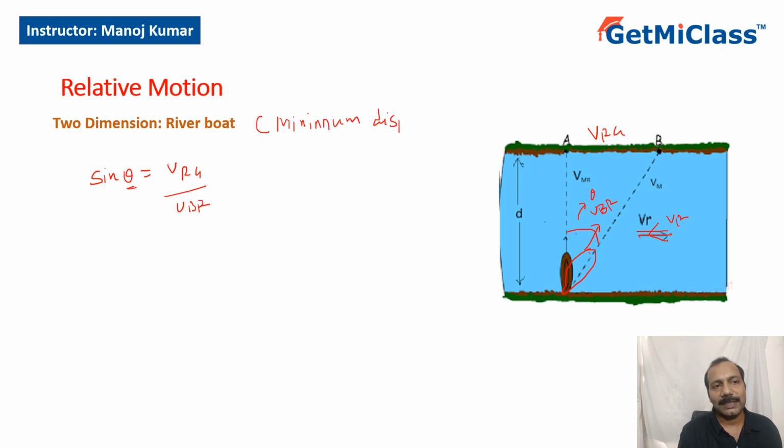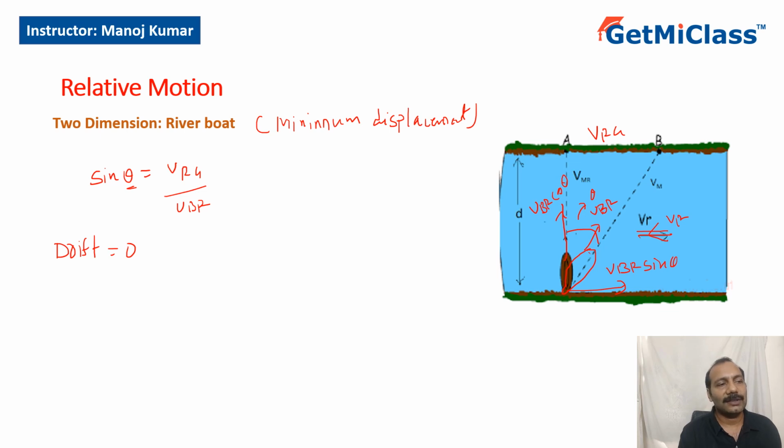Now in minimum displacement, what is drift? Drift is 0. So if drift is 0, the components of the boat's velocity are: in this direction, VBR sine theta, and perpendicular to the flow, VBR cos theta. Drift is velocity parallel to the river into time.